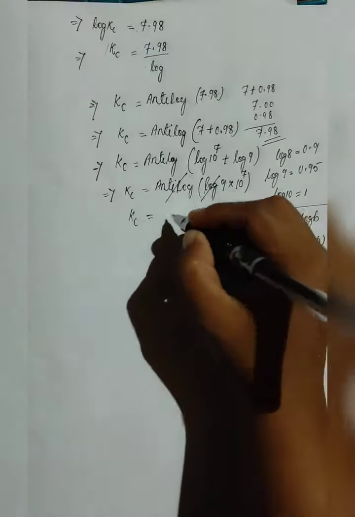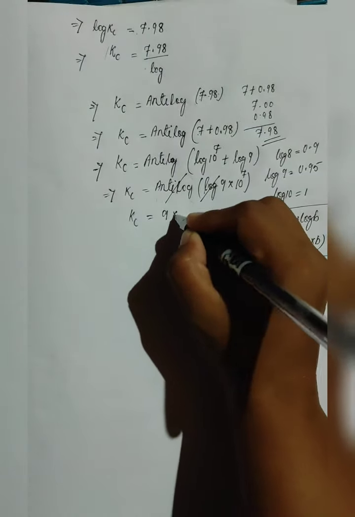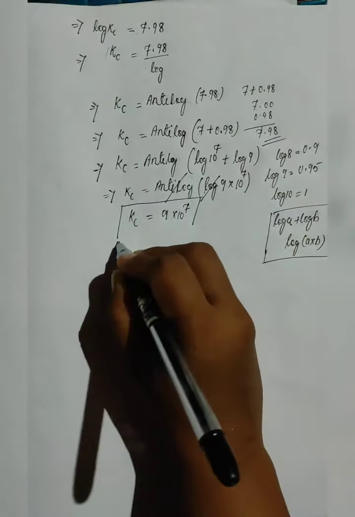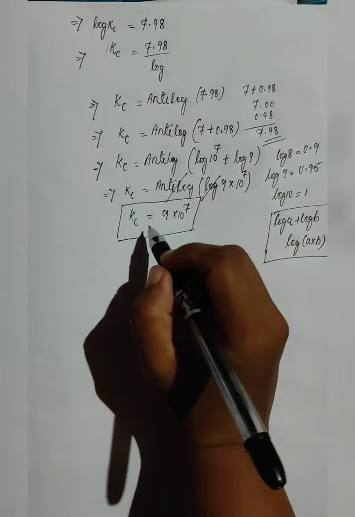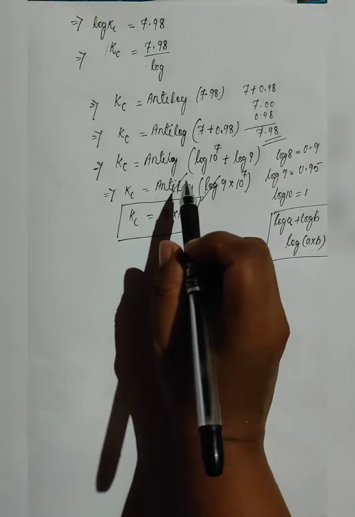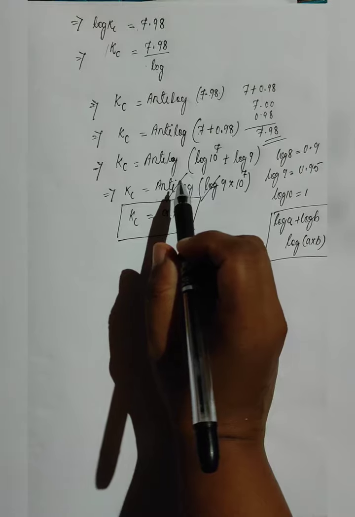So your Kc, what you are getting is 9 into 10 to the power 7. So this is your final answer. So equilibrium constant we got as Kc is equal to 9 into 10 to the power 7. You keep on practicing. With practice, all these things will become familiar, so it will become easy.